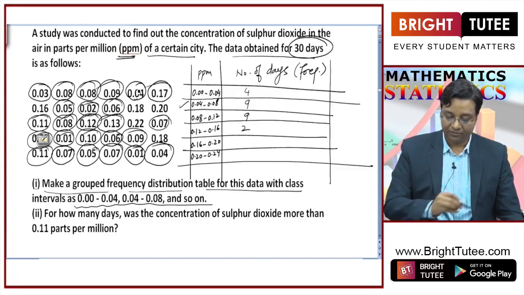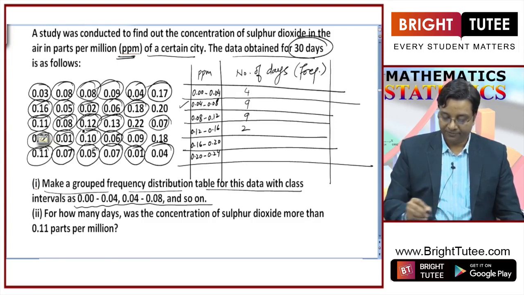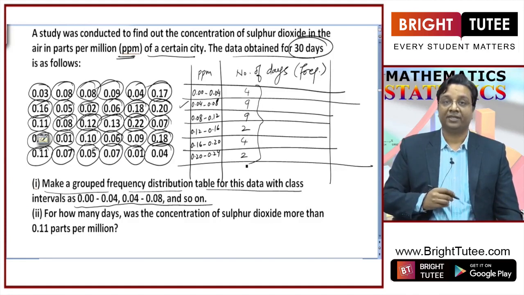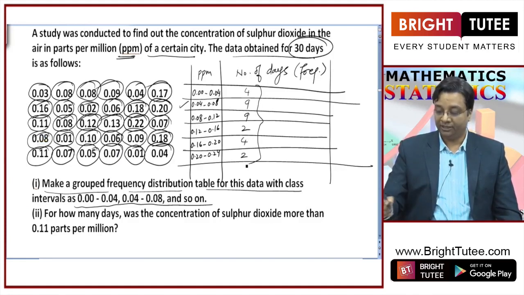So this is 1, 2, 3, 4, and 0.20 to 0.24 will have 1, 2, only 2 days. So we will add these and verify that the total comes to be 30.